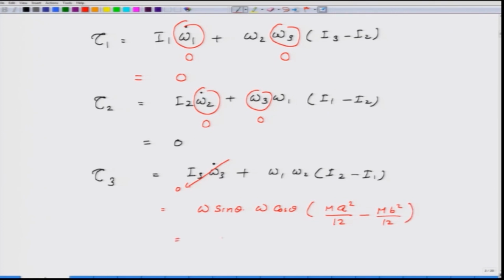So, this comes out to be omega square sin theta cosine theta m over 12 times a square minus b square. Since we have taken a to be smaller than b, we get tau 3 equal to minus m omega square sin theta cosine theta over 12 times b square minus a square, with a minus sign. That means it is in the negative 3 axis.